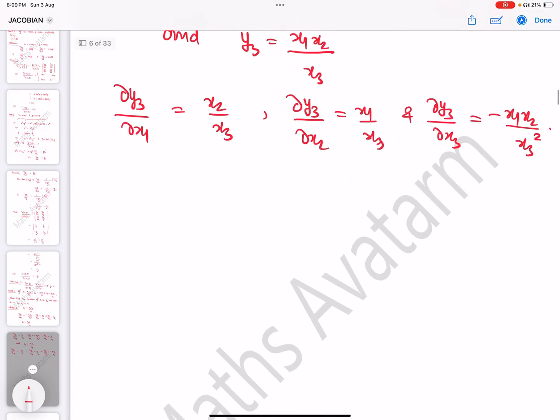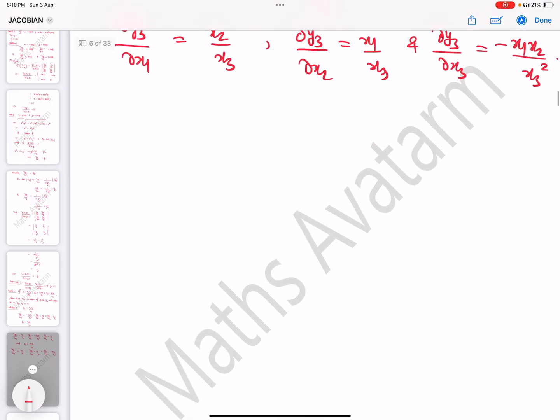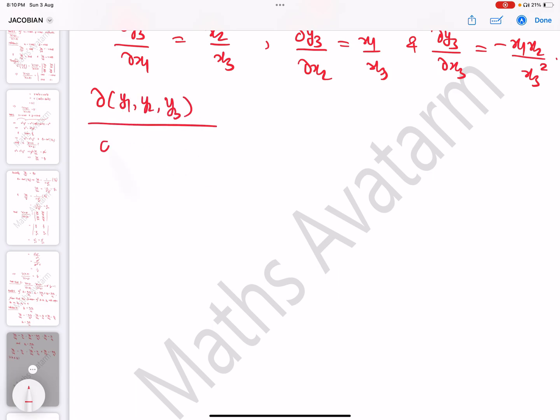Now let's calculate the Jacobian. So what is del(y1, y2, y3) upon del(x1, x2, x3)?